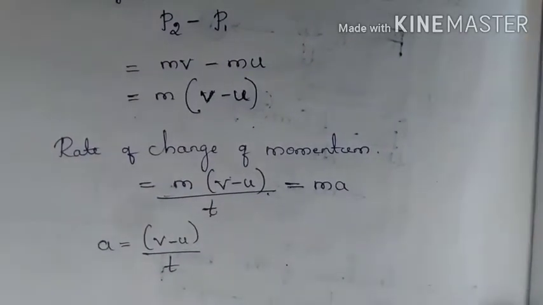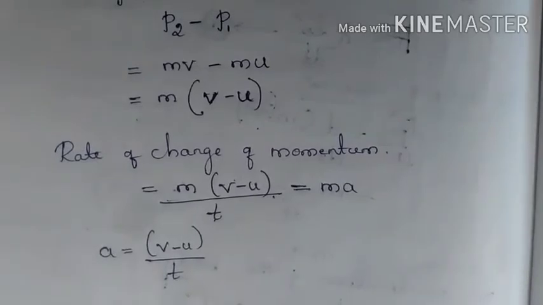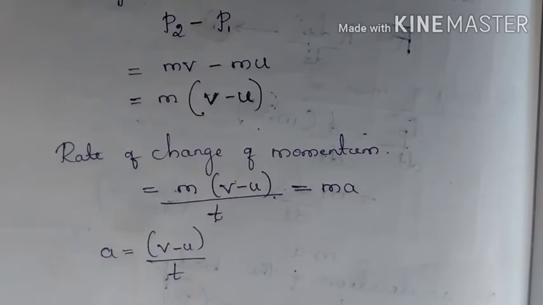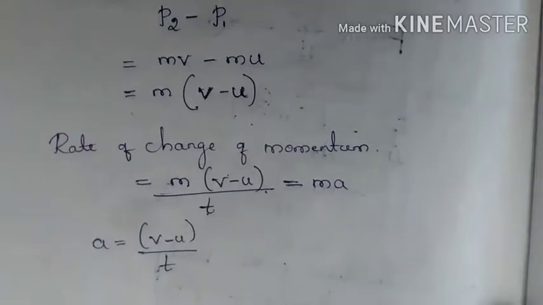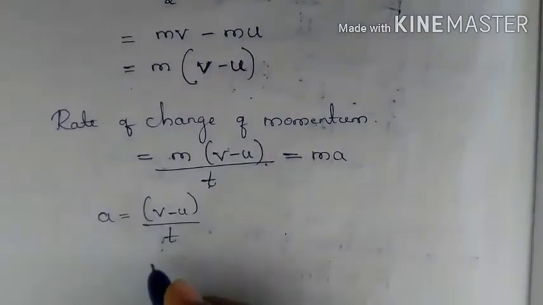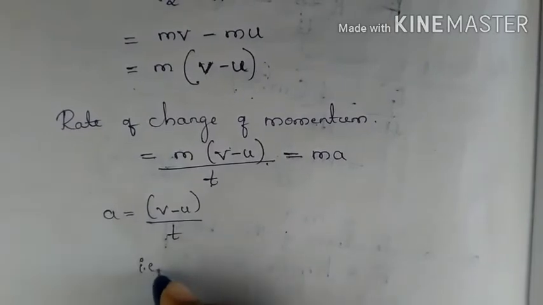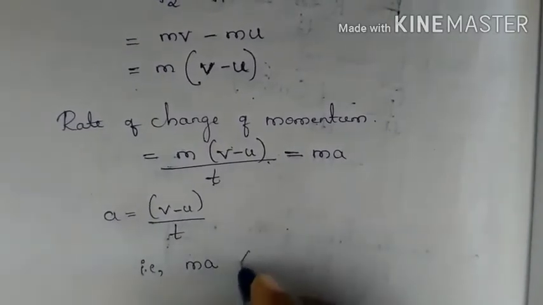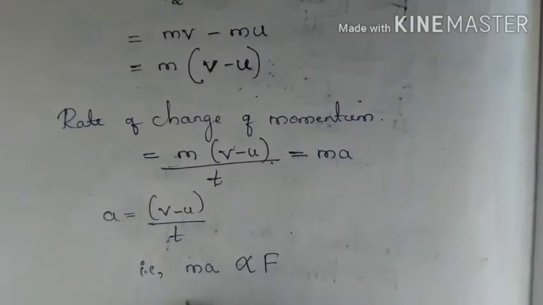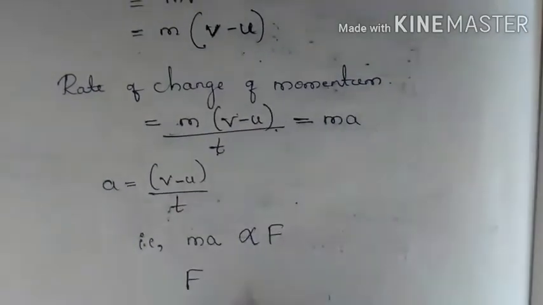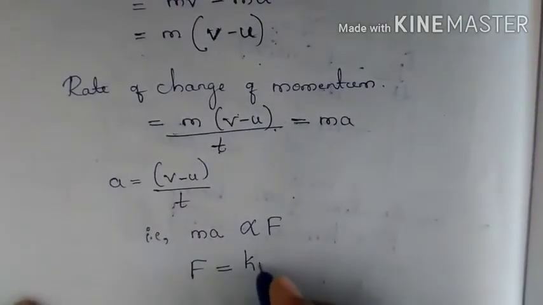So from Newton's second law, we know that the rate of change of momentum is directly proportional to the force F. So what is Newton's second law? The rate of change of momentum is directly proportional to force F. So we can write that ma is directly proportional to F. So F will be equal to kma.